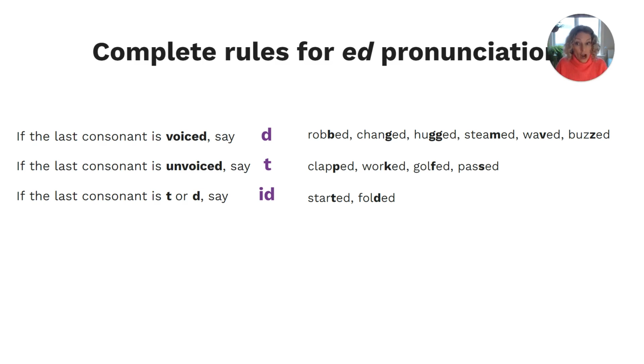With the ones that are unvoiced, like clapped, it's pretty natural to do the T sound. It would be hard to put a voiced consonant after an unvoiced consonant. Clapped, worked. So don't worry too much about this rule. What you should focus on more, in my opinion, is not adding an extra syllable where you don't need one.